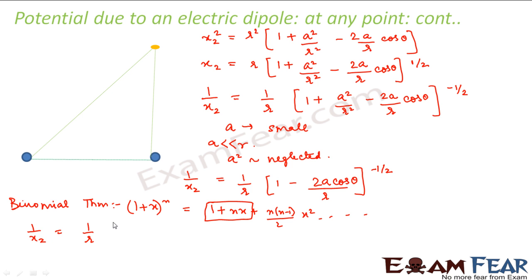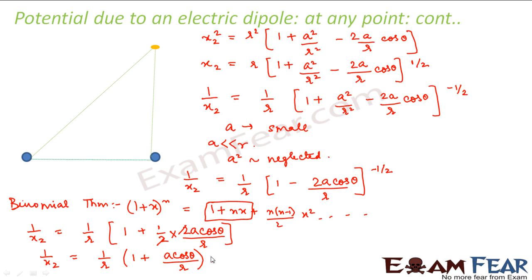So, we can write it as 1 by r into 1 plus nx. So, n is 1 by 2 and x is 2a cos theta divided by r. So, 2 and 2 get cancelled. Therefore, you get 1 by x2 is equal to 1 by r into 1 plus a cos theta divided by r.